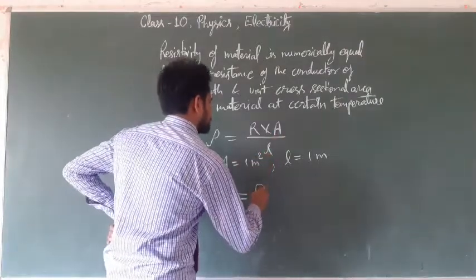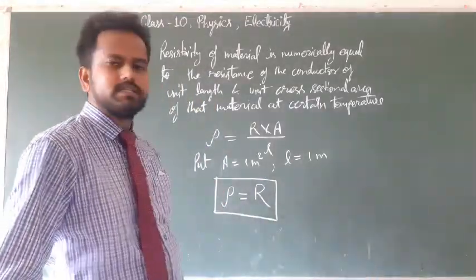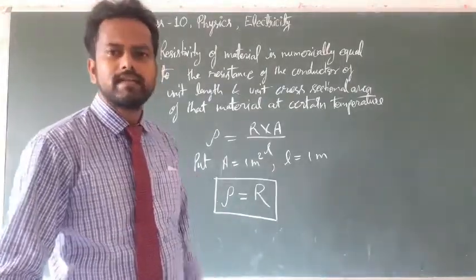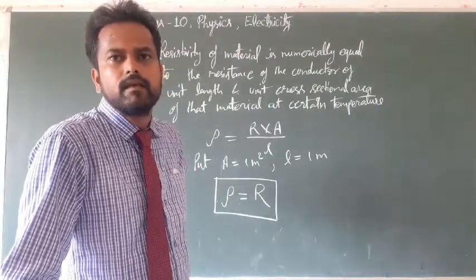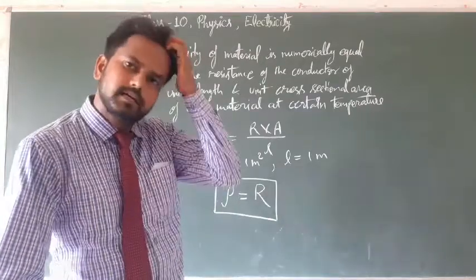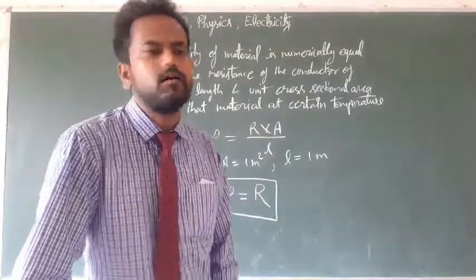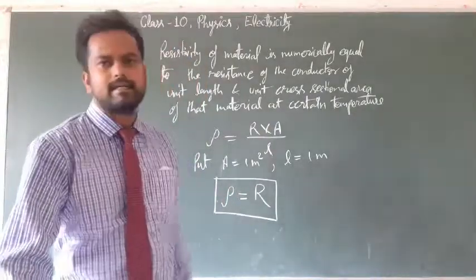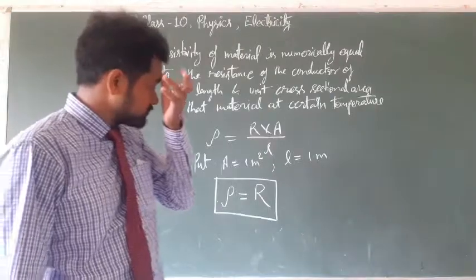Cancel out. So in this situation, resistivity will be equal to the resistance. If someone asks when resistivity will be equal to the resistance, then your answer should be: if we take unit length of conductor and unit cross sectional area of conductor, then in that situation resistivity will be equal to the resistance of that material. Got it? Pause the video and note it down.